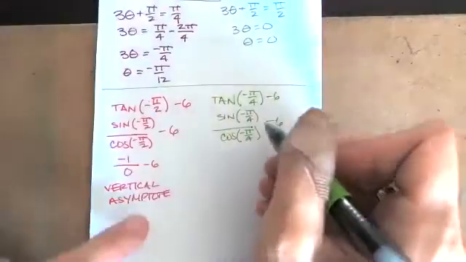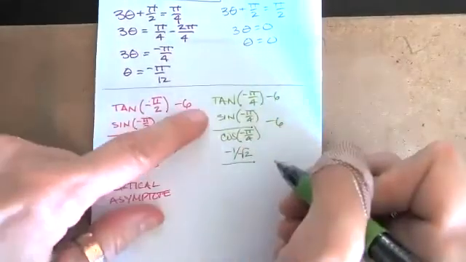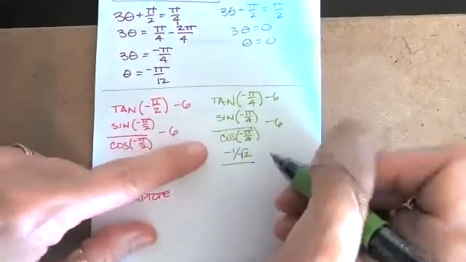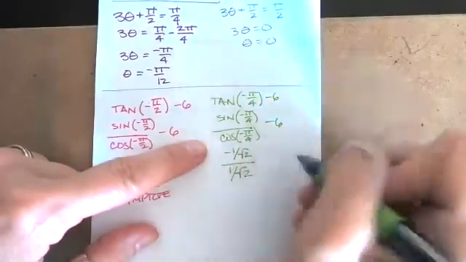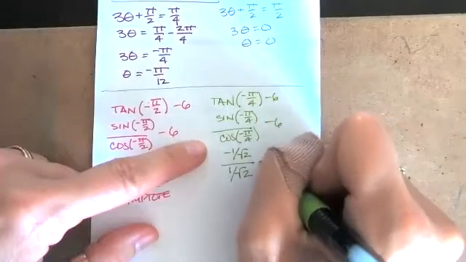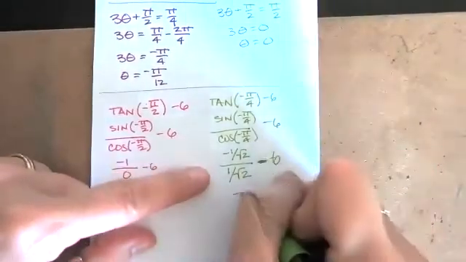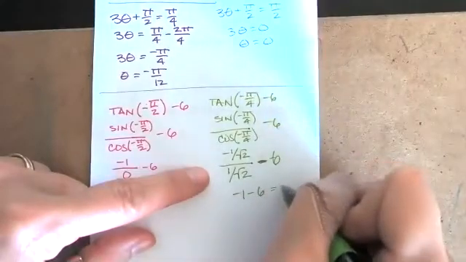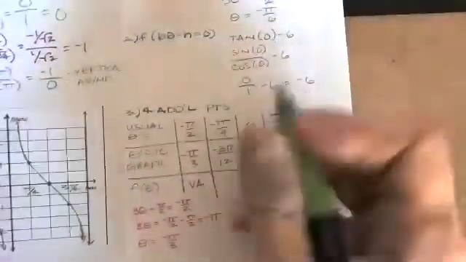Down here in the fourth quadrant, this will be -1 over the square root of 2, because the y coordinate is negative there, and the cosine, the x coordinate, is positive. Whoops, sorry, that's just -6. And so this will be -1 minus 6, which is -7. So -7 here in our table.